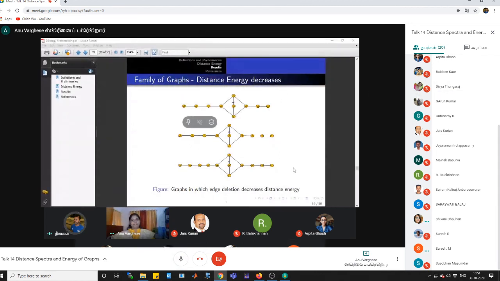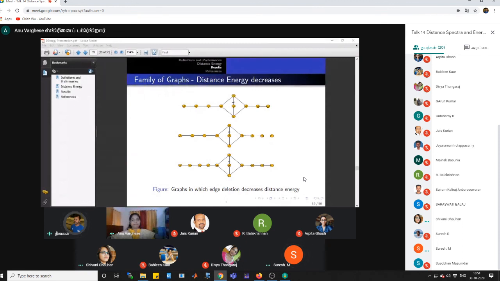Any other questions? Okay, Dr. Anu, I have two questions. I think one is possibly a typo in your slide. The determinant formula for the distance matrix of trees.